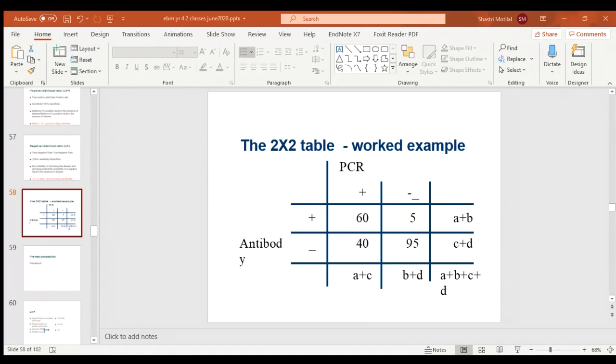So in this example, looking at the values you all got, comment on the usefulness of this antibody test. What do you think this antibody test is going to be used for? If you go back to the measures, is it sensitive, specific, both?